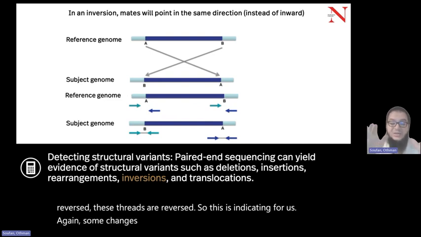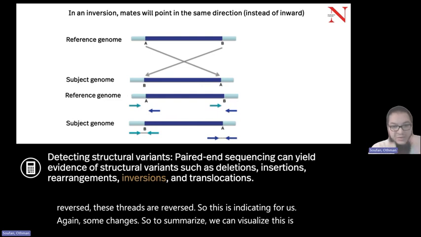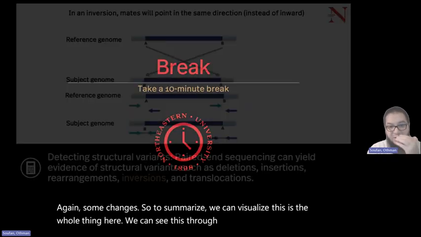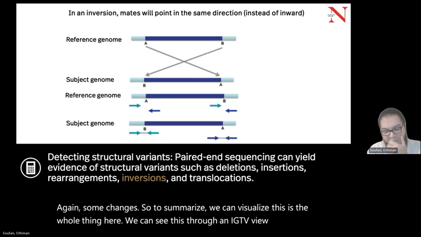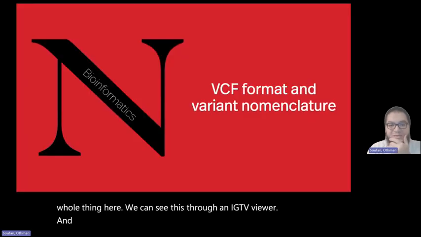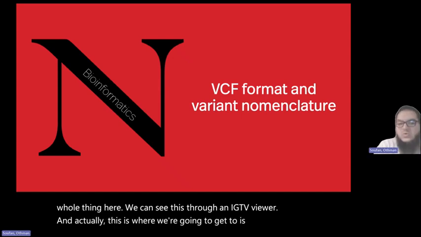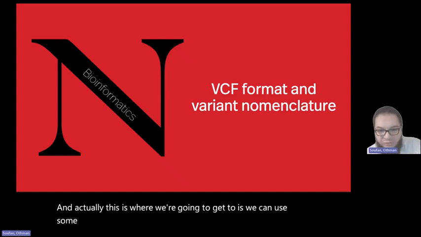So to summarize, we can visualize this. This is the whole thing here. We can see this through an IGV viewer. And actually, where we're going to get to is we can use some pipelines or software for variant calling.